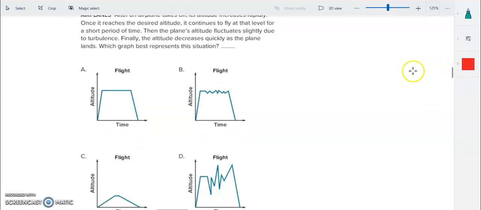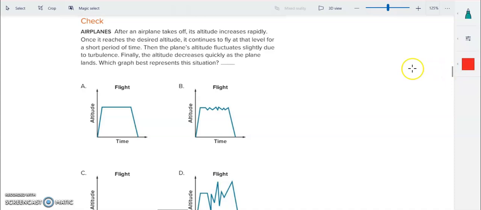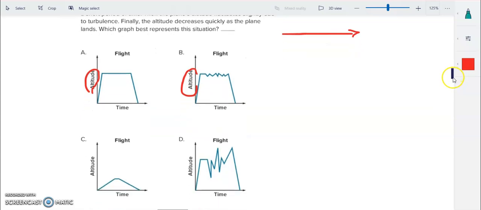All right, so the airplane takes off, altitude increases rapidly. So as time goes, how is altitude, right? Altitude is this. How are they describing that altitude? It goes up quickly.